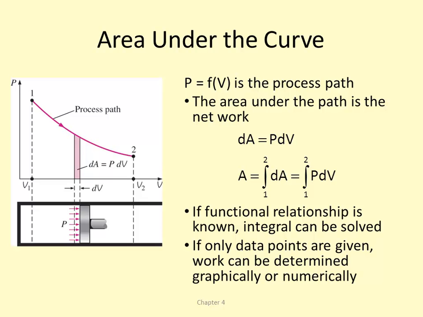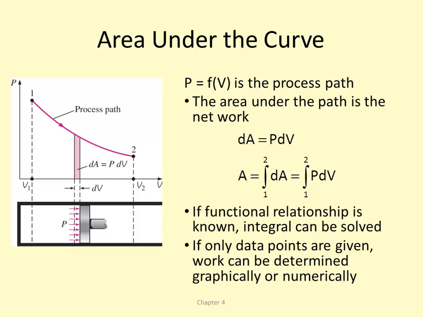And it's important to remember that the area under the curve on a PV diagram represents the work done, the net work done, not just necessarily the boundary work, but it's all the work done during that process. There may be electrical work and spring work and other things, shaft work in there. But if we know this path, and we know the functional relationship, then we can calculate the integral.